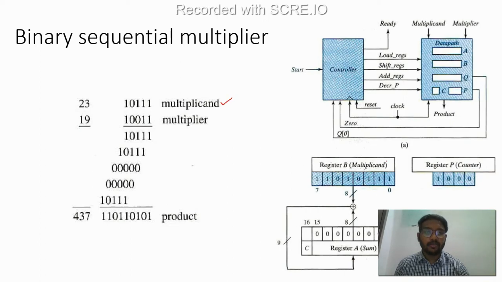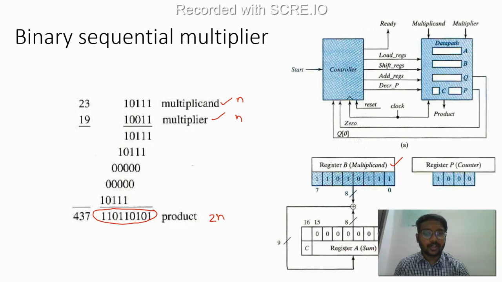So let's say we have this multiplicand. I am storing it in one of the registers, let's call it B, correct? And we have this multiplier, let's store it in register Q. What is the maximum number of bits that the product will have if it is an n-bit multiplicand and n-bit multiplier? The product will be n plus n maximum, that is 2n bits, correct?